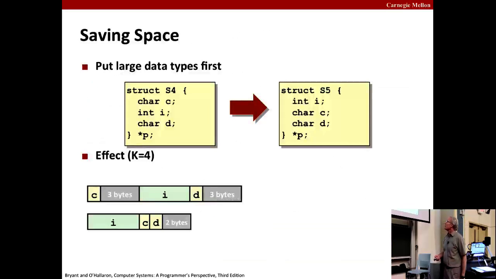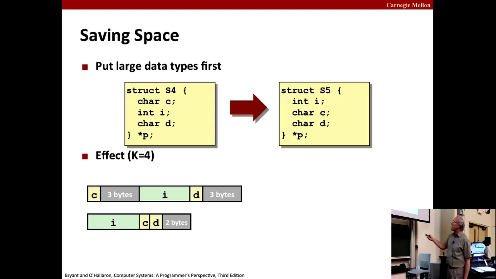So your question before is, could I tell the compiler not to do alignment? The better way is to declare your fields in a way that minimizes the amount of wasted space. So for example, here, I wasted 3 bytes here and 3 bytes here to meet the alignment requirements.